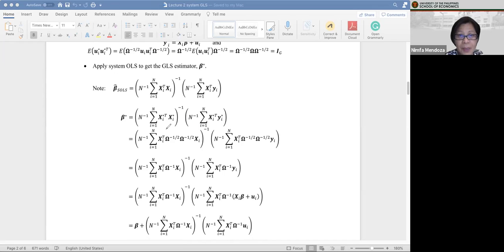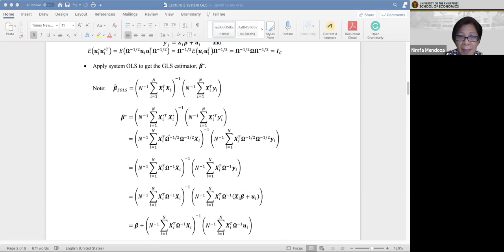Then we substitute the expression for X sub i star. So X sub i star is omega to the minus 1/2 X sub i. But then we have the transpose here. So the transpose would be omega to the minus 1/2 transpose, but that is a symmetric matrix, so we still have omega to the minus 1/2.